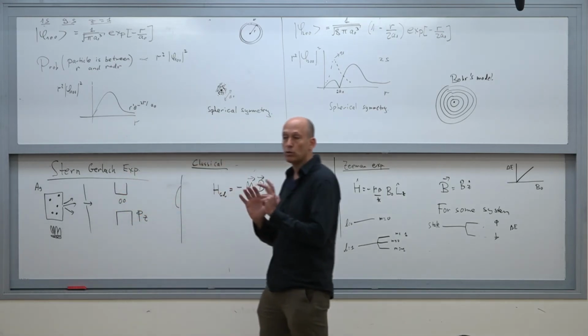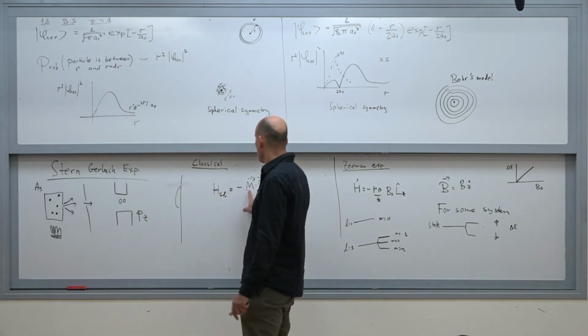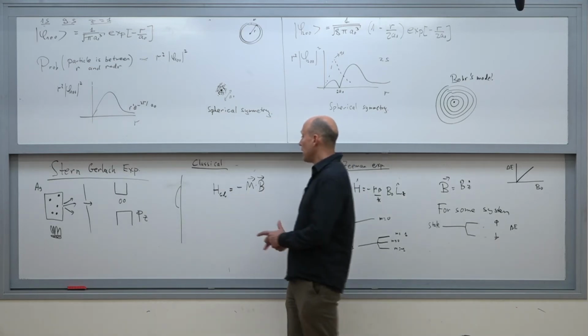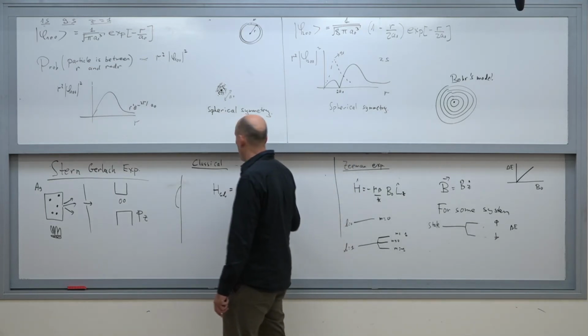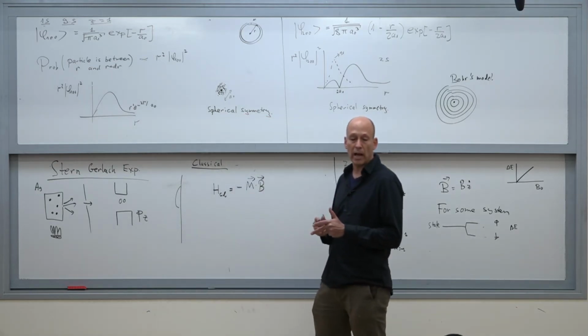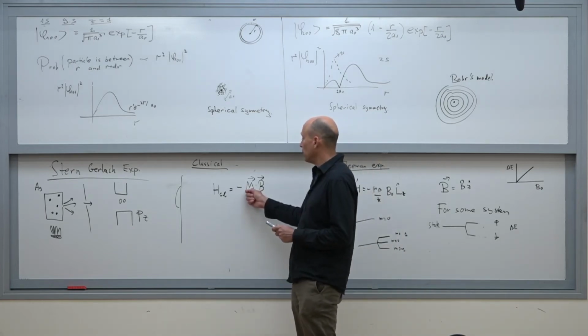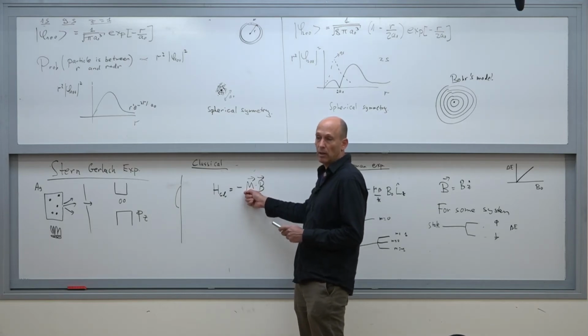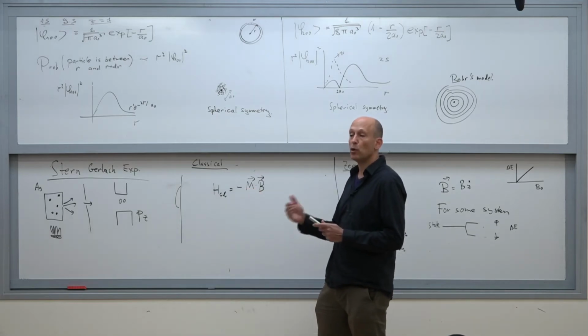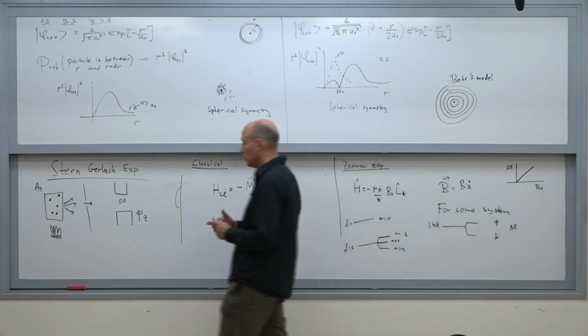I want only spin. So now what is this m? This m here will be proportional to, in quantum mechanics, what will it be proportional to? I said that already, to L. And if it's a spin, it will be proportional to Sz.